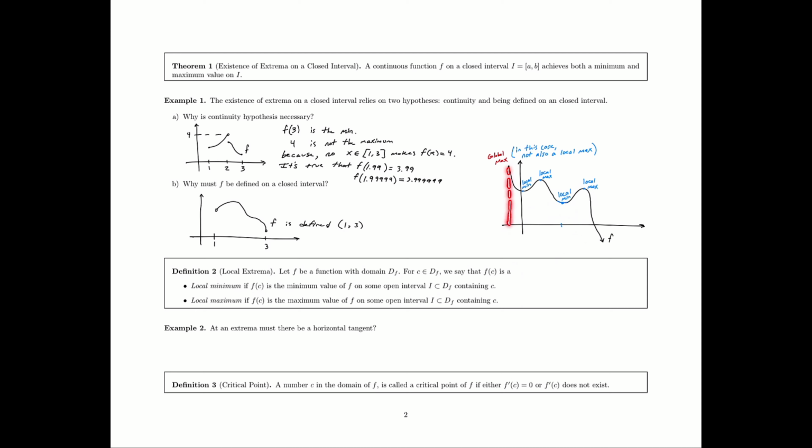The function ceases to exist for x values less than whatever this x value is. So it's not possible to compare values of this function at this location to the left and to the right. It's not possible to do both. So this cannot be a local maximum. You have to have room on either side. And if you just terminate, it can't be a local.